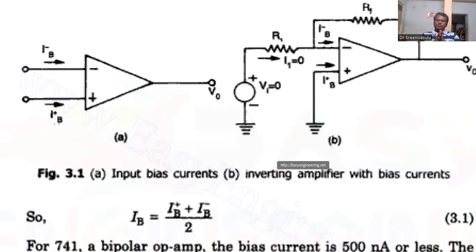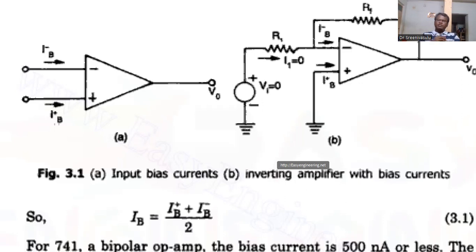So the input is 0 and the potential at the inverting terminal is 0. Usually there is no current, that is I1 is equal to 0. And from the concept of the ideal op-amp, either of the input terminals draws no current. But it is not happening in a practical op-amp.